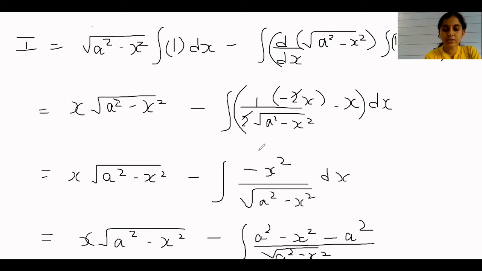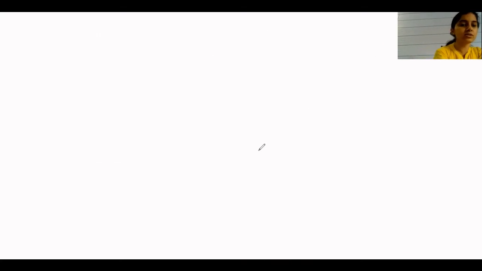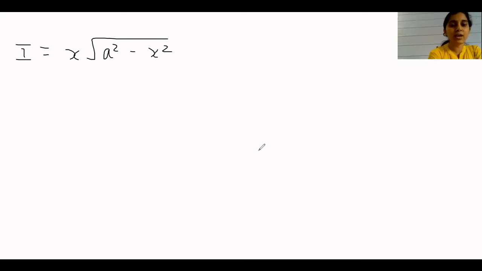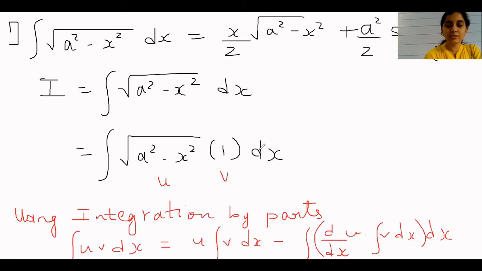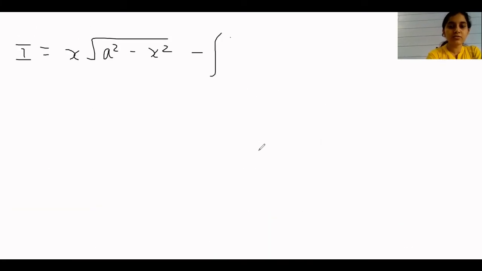Now we will group the terms and give the denominator to each of the terms in the numerator. So x root of a square minus x square as it is, minus integration of a square minus x square upon root of a square minus x square dx.